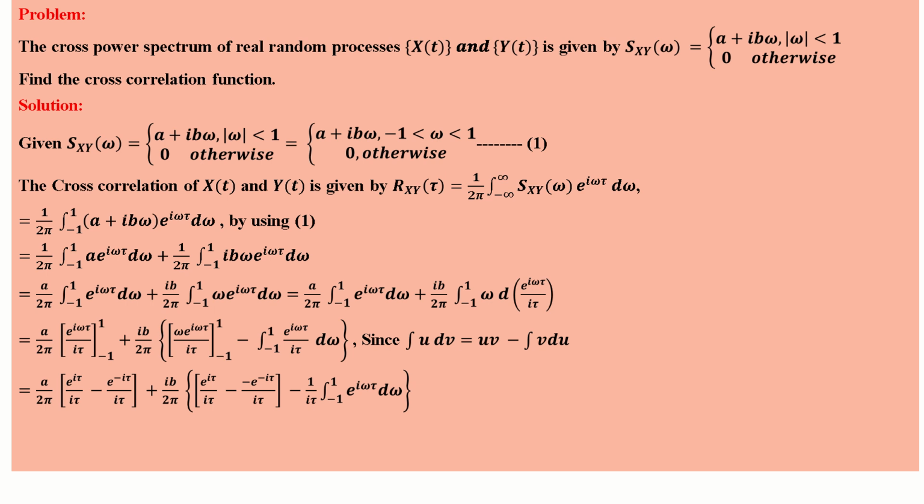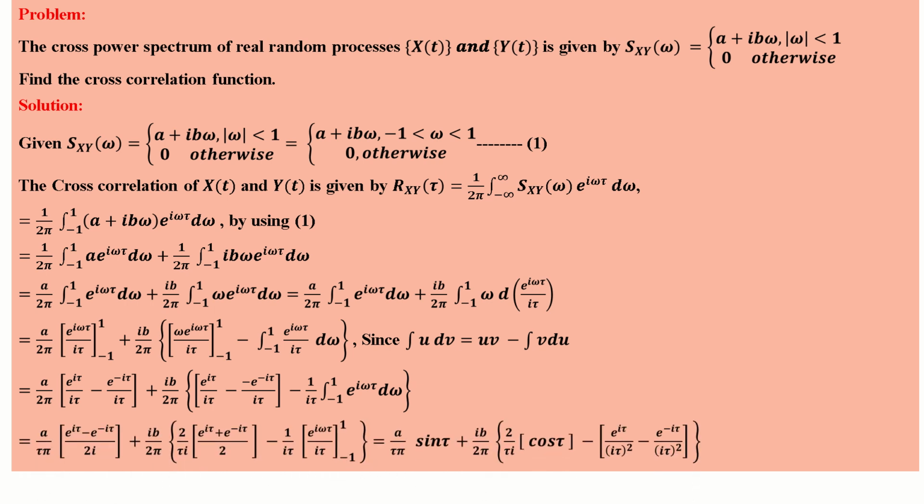So a/τπ [(e^(iτ) − e^(−iτ))/2i]. We are bringing the 2 here and taking τ outside the bracket, plus ib/2π times 2/(τi).